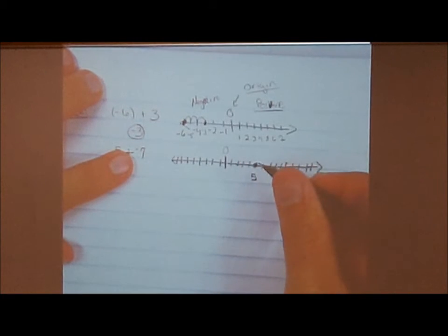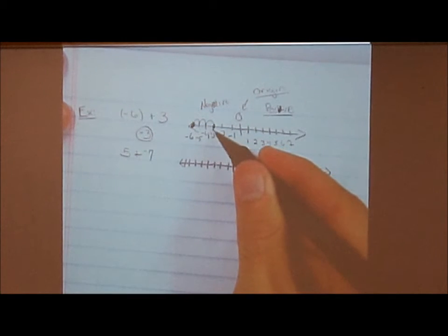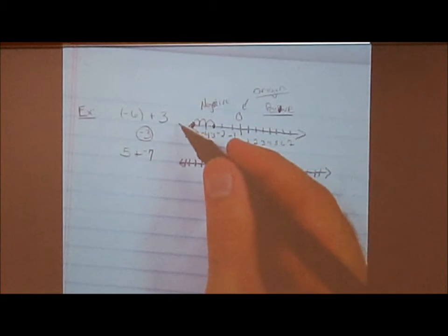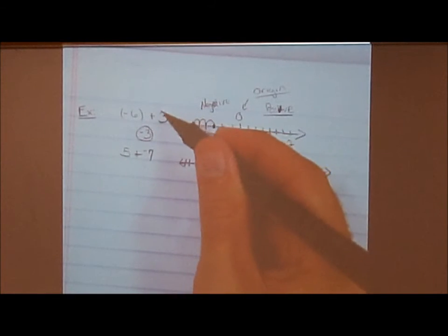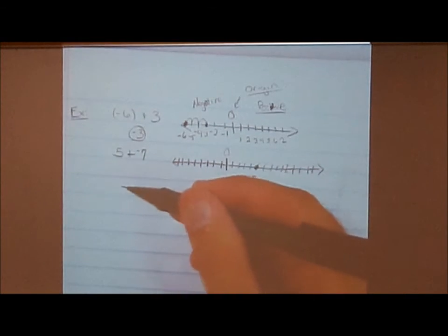I go right. You said move to the right. If it's positive, move to the right. If it's negative, move to the left. If this is positive, I move to the right. If this is negative, I move to the left. Yes, the second number.